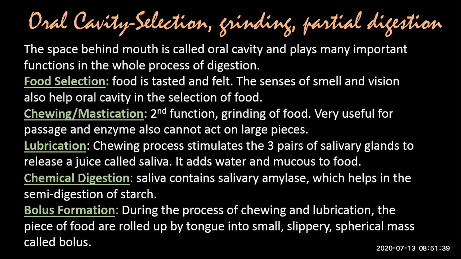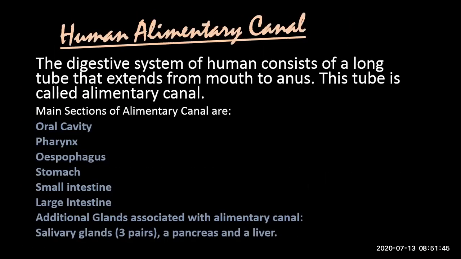Then I'm going to start about the human alimentary canal and all about digestion. Now the question is, what is the alimentary canal? I might have told it to you before, but the digestive system of humans consists of a long tube.